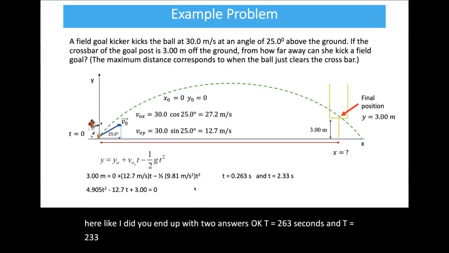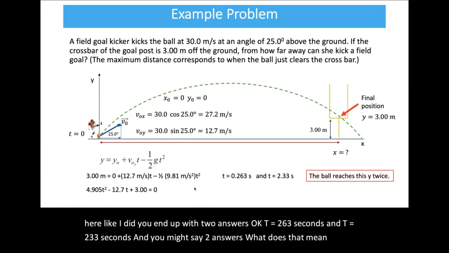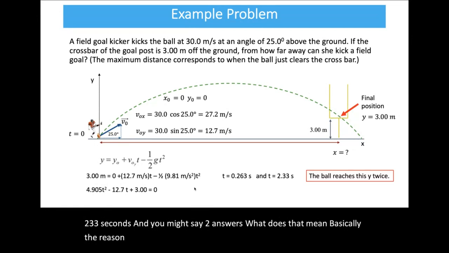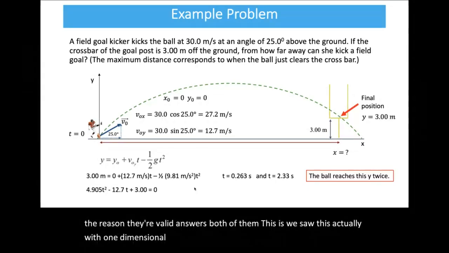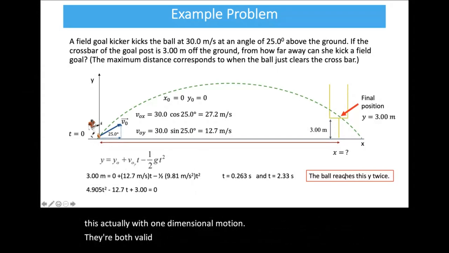And you might say, well, 2 answers, what does that mean? Well, the reason they're both valid answers, we saw this actually with one-dimensional motion, is that the ball reaches this y position of 3 meters twice, okay?